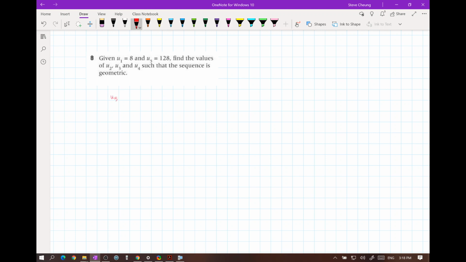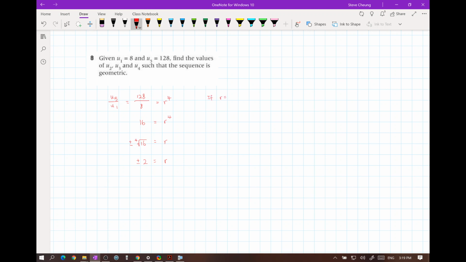We take the fifth divided by the first, and that will give us r to the power of 4, because it's 5 minus 1. So that is 16. We have seen 16 before. So this will be plus minus the fourth root of 16, which is 2. So we take each case separately.